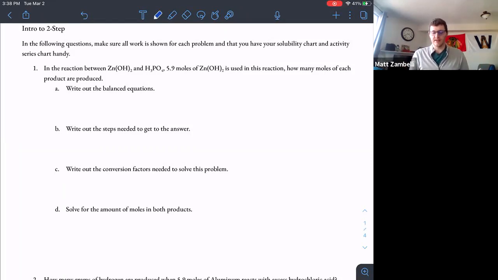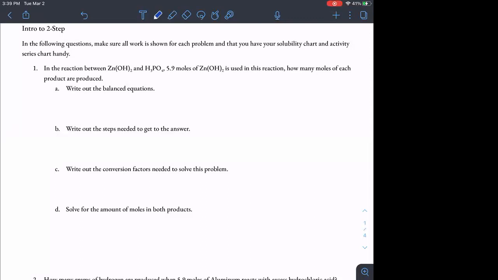So the first thing that it's asking us to do is, because it didn't give us this, we need to find a balanced equation. So we know, what are the two reactants going to be? Zinc hydroxide and hydrogen phosphate.